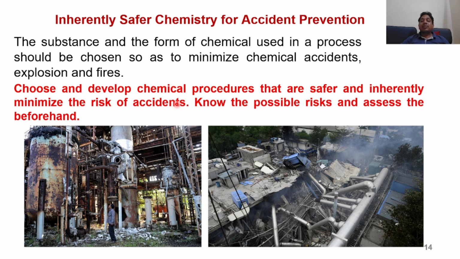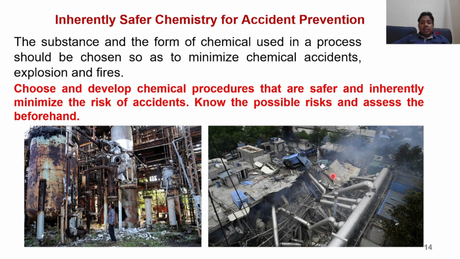In recent days, we can see many accidents in the pharmaceutical industries or the API, active pharmaceutical ingredient industries. So here, the substance and the form of chemical used in a process should be chosen so as to minimize chemical accidents, explosions, and fire accidents.